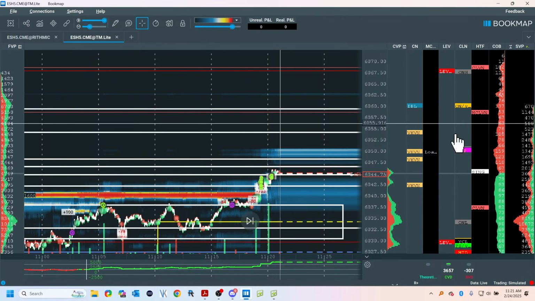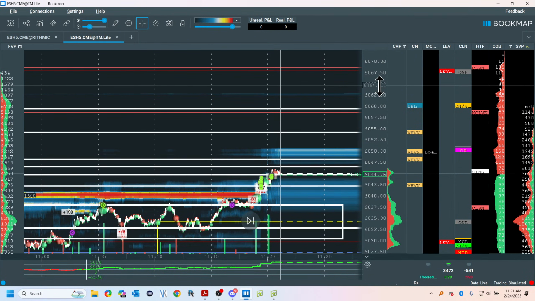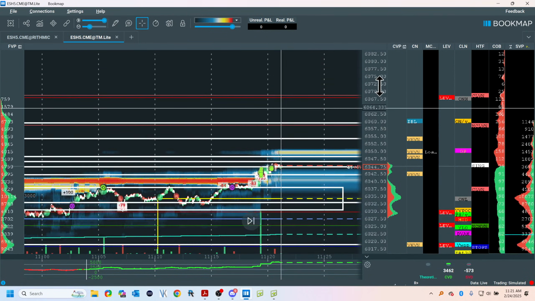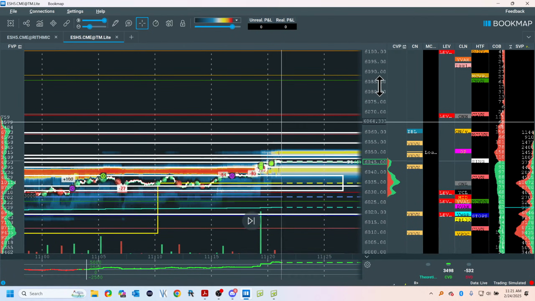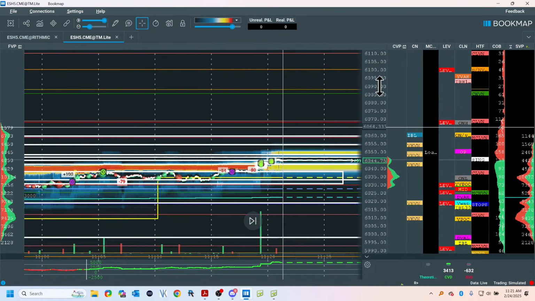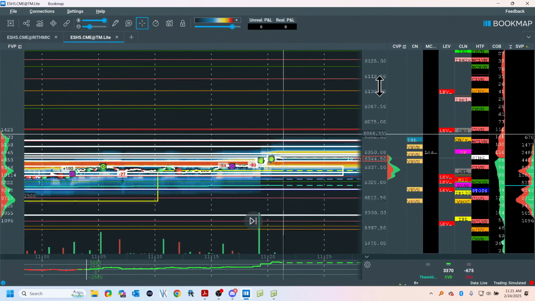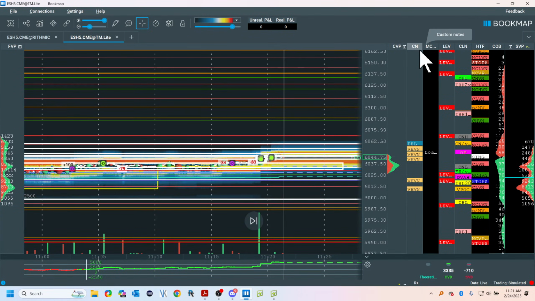So it depends. If this thing just goes ripping, I'm not going to have a short. I'm going to have a trigger. So let's see what it does.